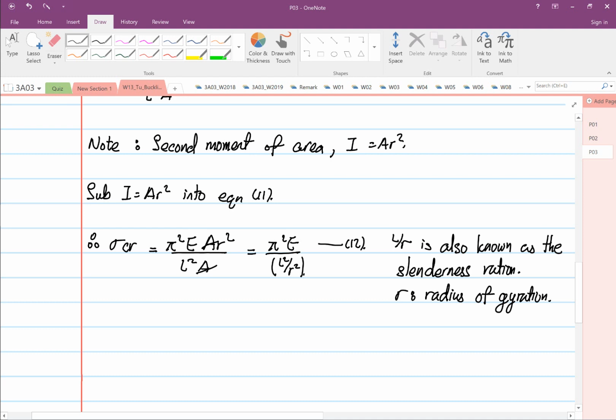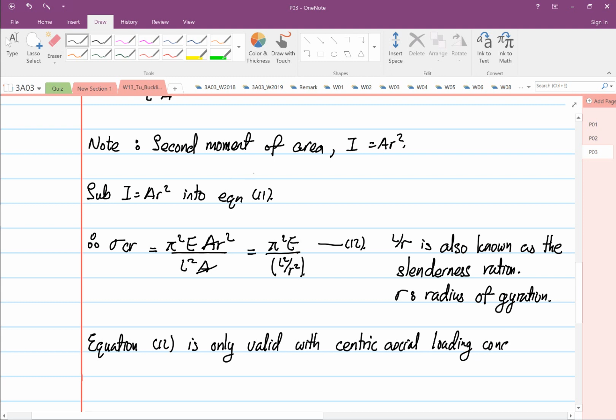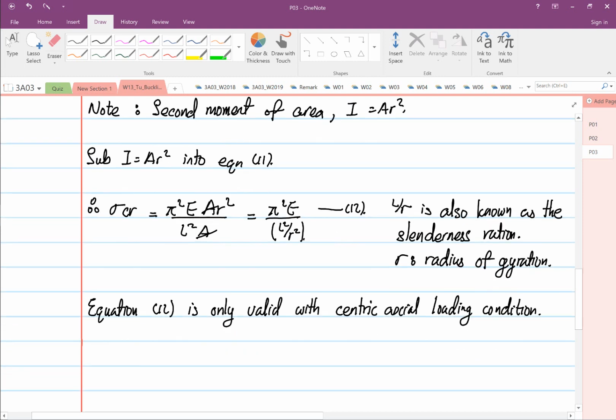Equation number 12 is only valid with a centric axial loading condition, i.e. the load is applied on the neutral axis.